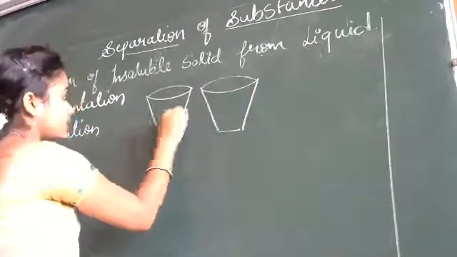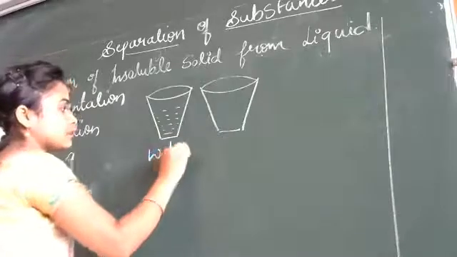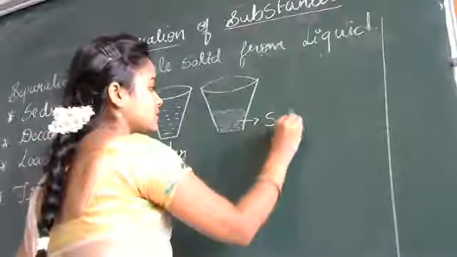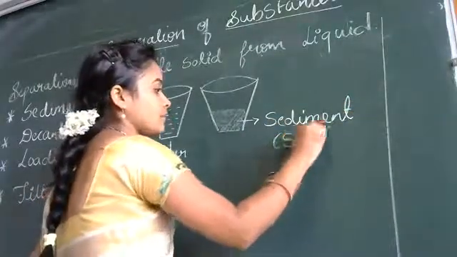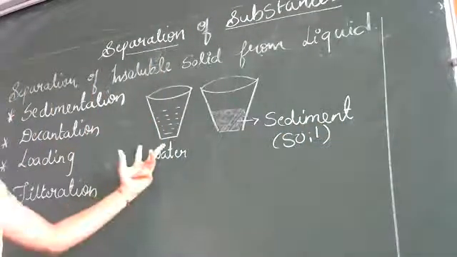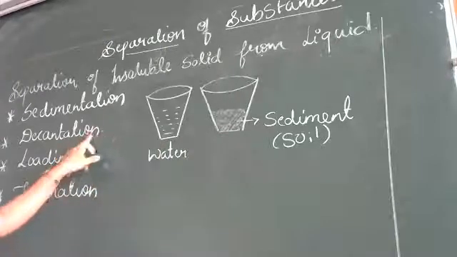So what we got here is water, right? And here we got sediment, that is nothing but soil. This is what we got separately, water and sediment, in the decantation process.